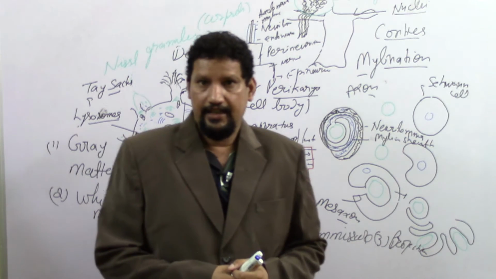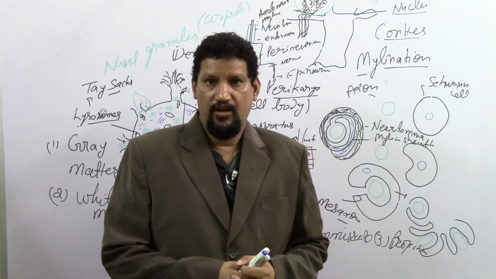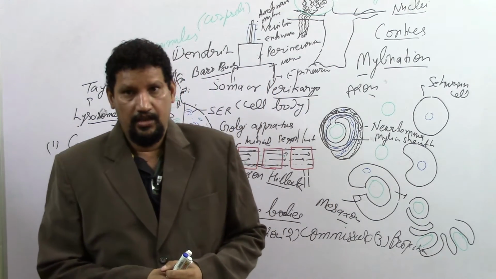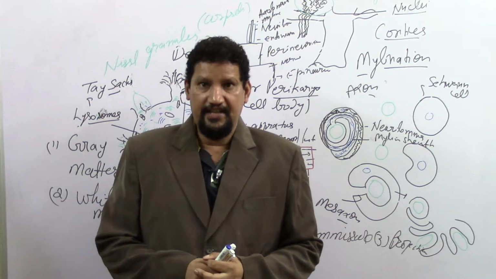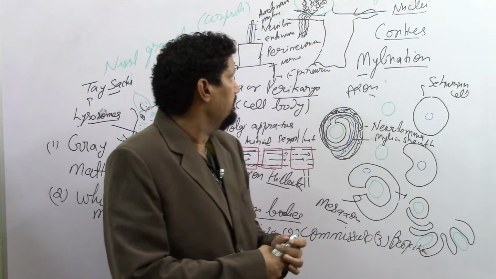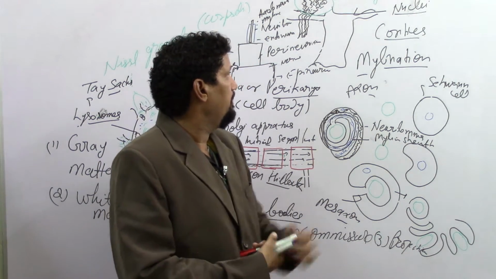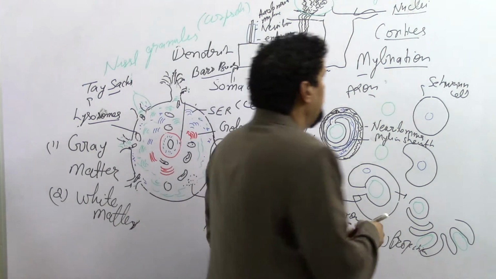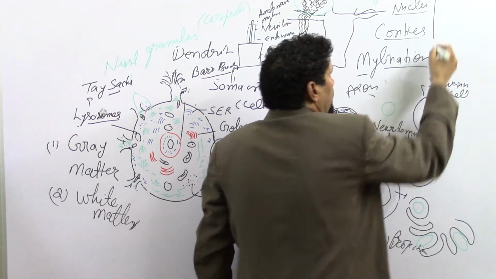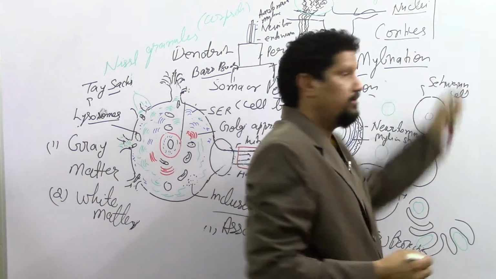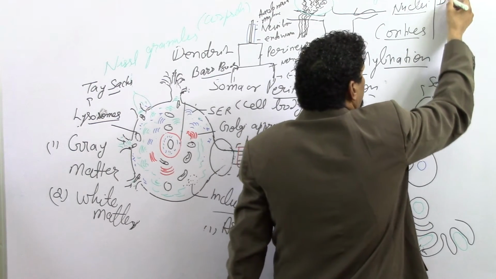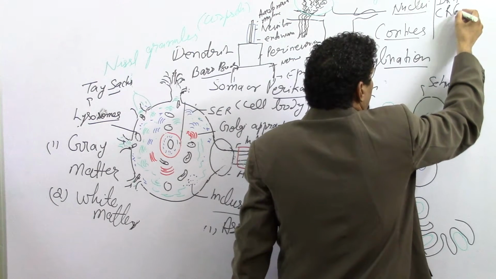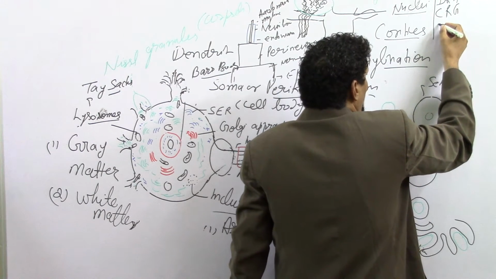There are sensory ganglia, which can be seen in the form of the dorsal root ganglion of the spinal nerves and the cranial nerve ganglia of the 5th, 7th, 8th, 9th and 10th cranial nerves, and it is seen in the sympathetic and parasympathetic ganglia of the peripheral nervous system. So ganglia are in the form of the dorsal root ganglion, the cranial nerve ganglion, and autonomic ganglion.